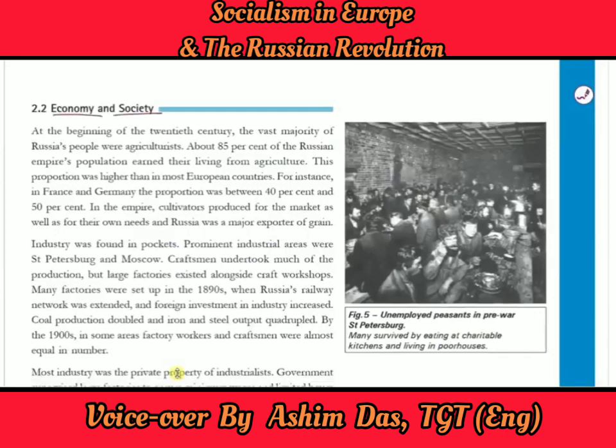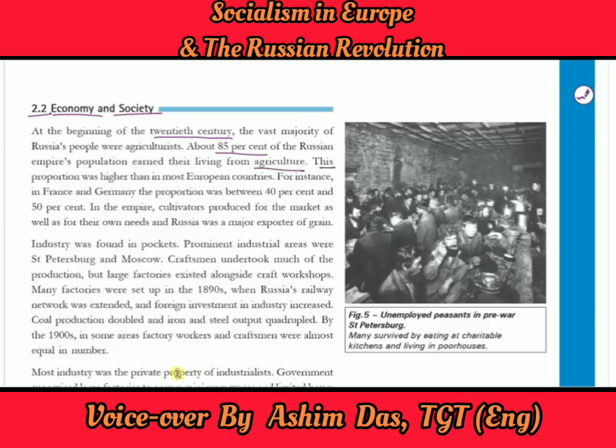Let us see what happened during that time. At the beginning of the 20th century, the vast majority of Russia's people were agriculturalists. Russia's people mostly depended on agriculture and farming. About 85% of the Russian Empire's population earned their living from agriculture. This proportion was higher than in most European countries.